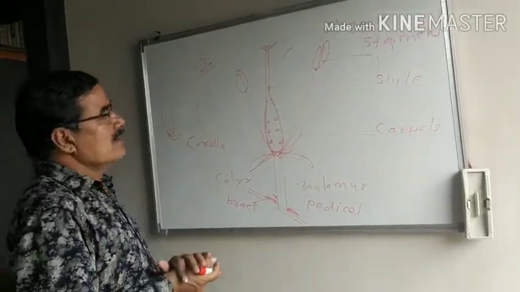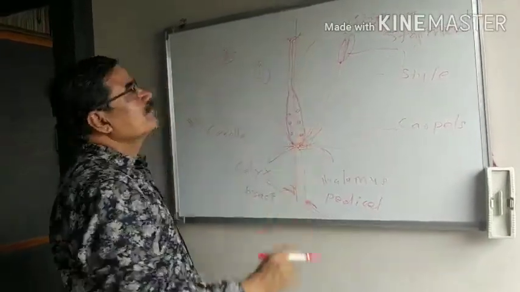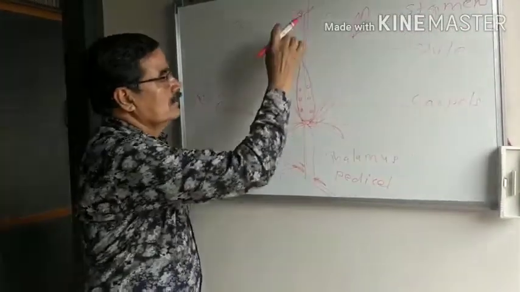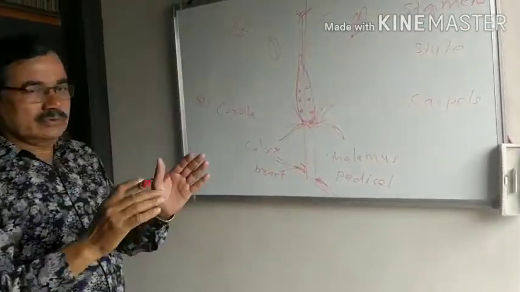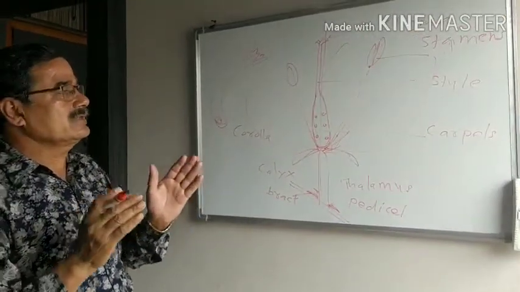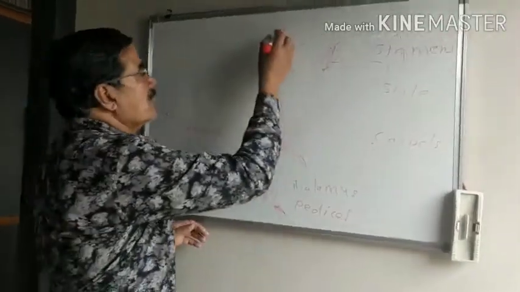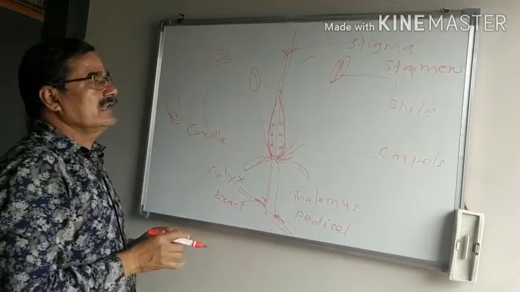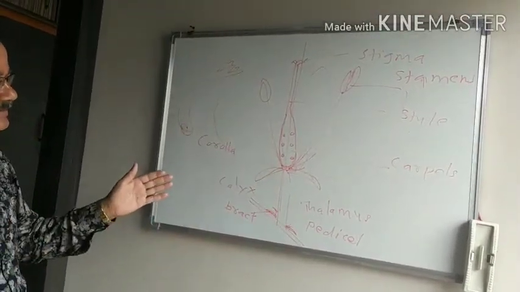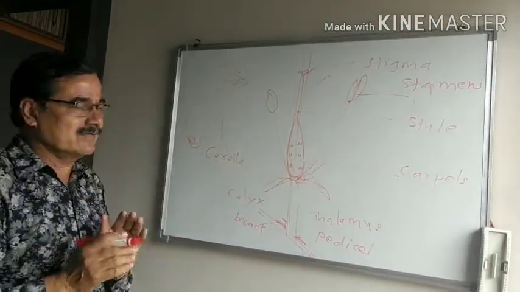And when we take a vertical section passing through the top to the thalamus, the flower shows two equal parts. Such a flower is known as an actinomorphic flower. It means that a vertical section taken at any angle shows two equal parts. Such flowers are known as actinomorphic flowers.